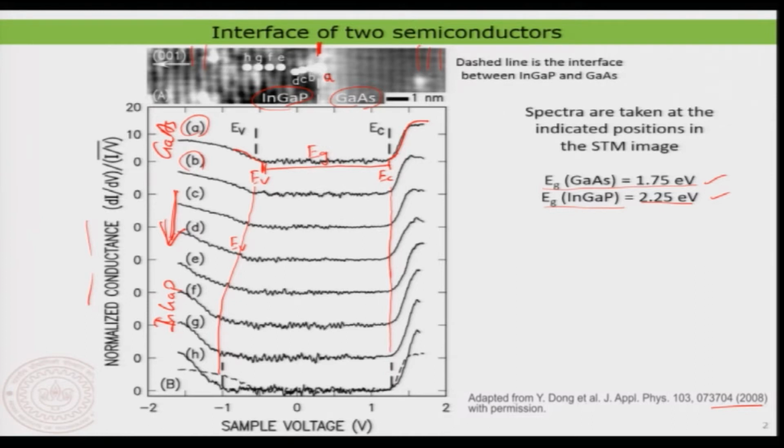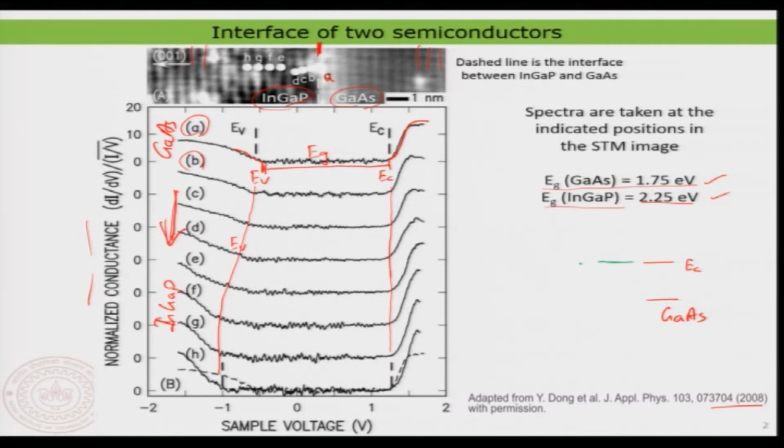So, now if I would just try to depict the energy diagram of the interface of gallium arsenide and indium gallium phosphide, then it would look like this: I have my first semiconductor, that is the gallium arsenide, and then I have my second semiconductor, which is the indium gallium phosphide, and you know that, okay, this is actually the conduction band edge of my first semiconductor, and you clearly see in the spectra that the conduction band edges of both the semiconductors are somewhat aligned like this.